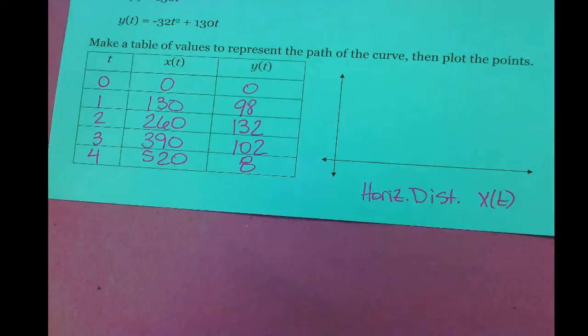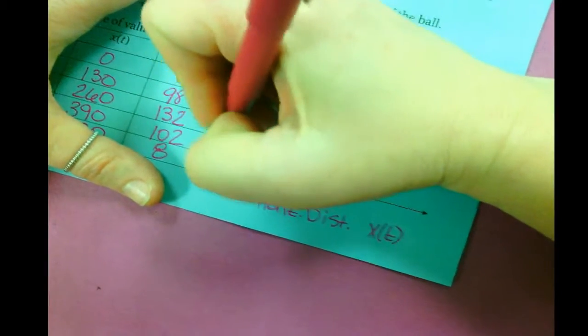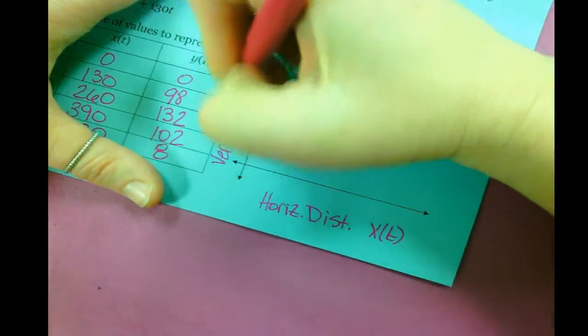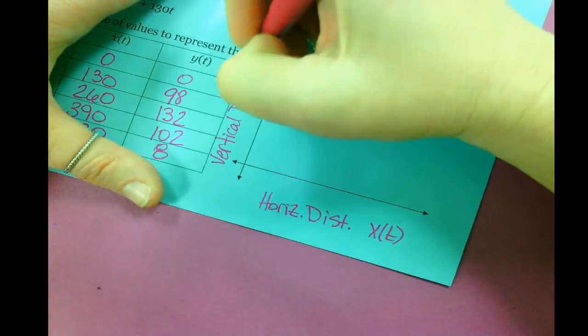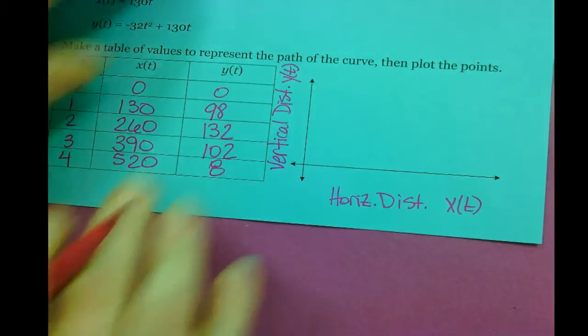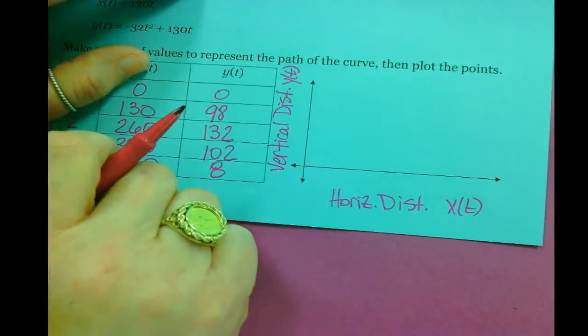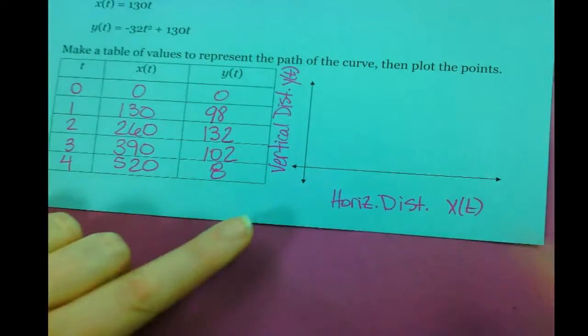We're going to talk about distance and displacement, actually. So then this is your vertical distance, which is y of t. Okay. Everybody good so far?